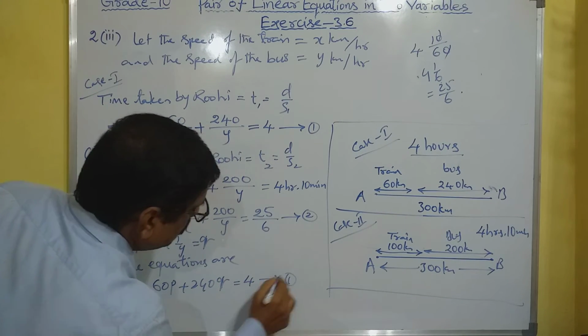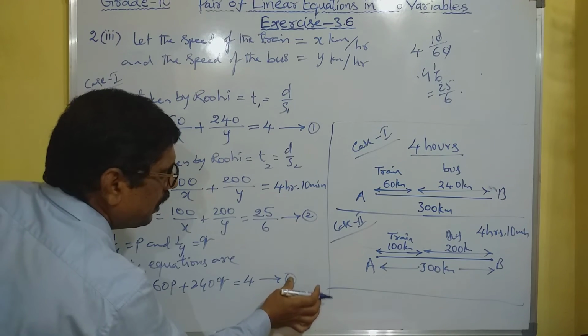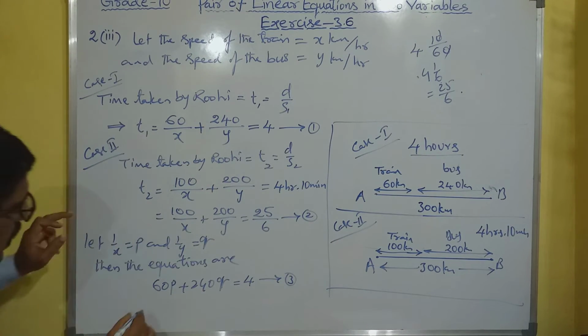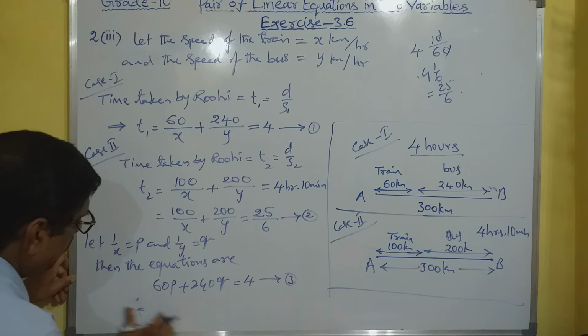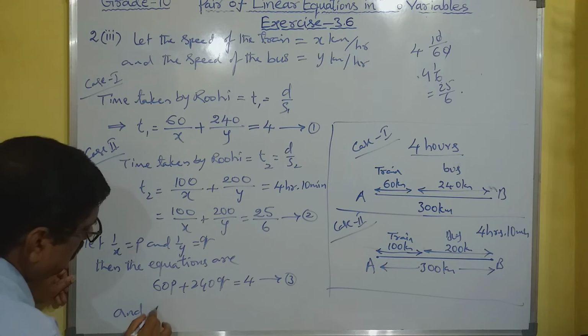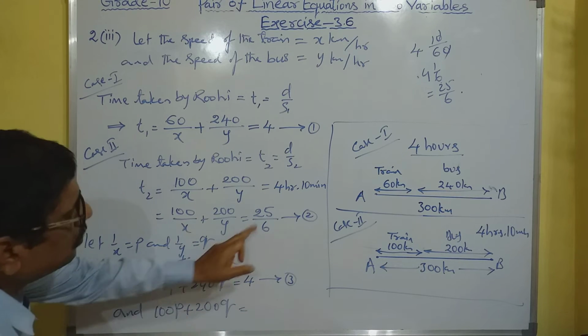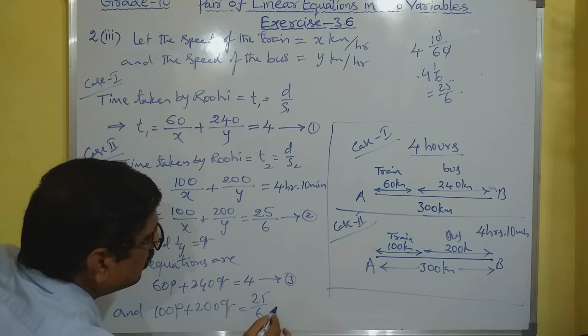This is the first equation, sorry, the first and second we have already named, so this is the third. And the other one is 100p plus 200q is equal to 25 by 6.